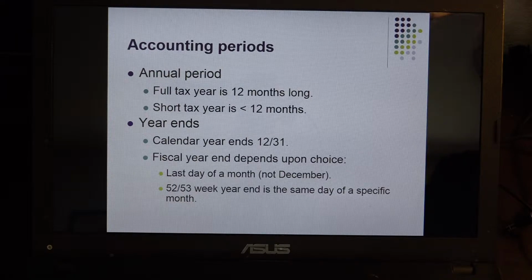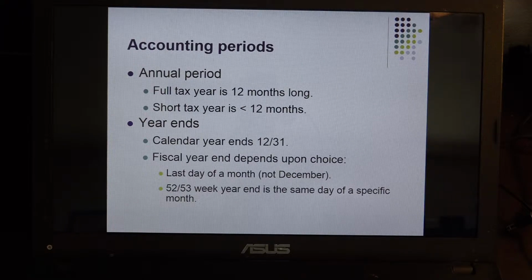The next one we want to discuss is the fiscal year end. This is for businesses that are not sole proprietorships. Depending on what type of business you are, you may have some choices. I think we'll get into this more when we get into partnership taxation and the taxation of business entities.